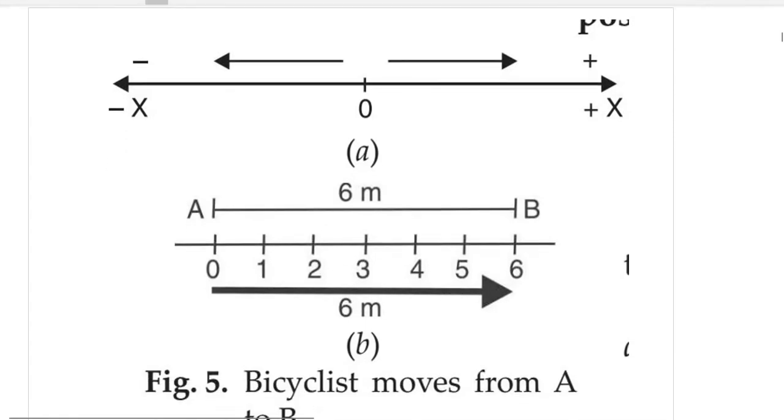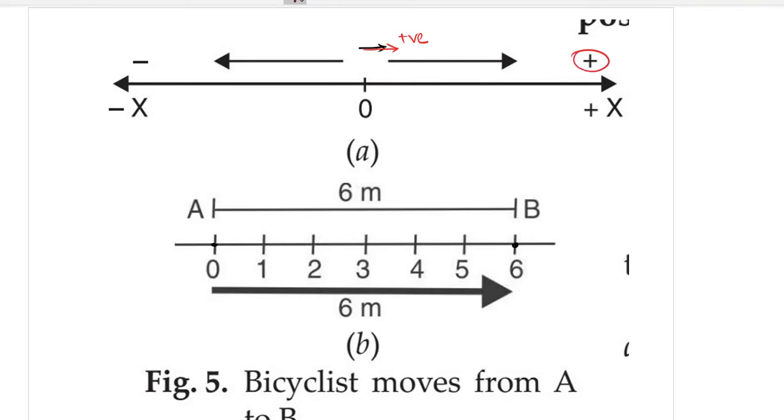Now look at this diagram. So what they are showing over here, the bicyclist moves from point A, that is the reference point, 0 meter, to point B, right? Anything to the right side of 0, as you can see in the figure, is always considered positive.